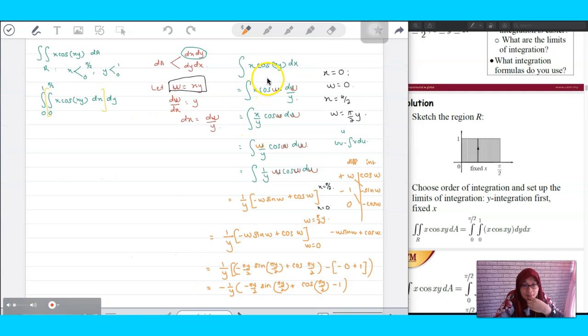Okay, so now you can see that it's very complicated and you need very long steps here. And since it's very long steps, it's easier for you to make mistakes, right?